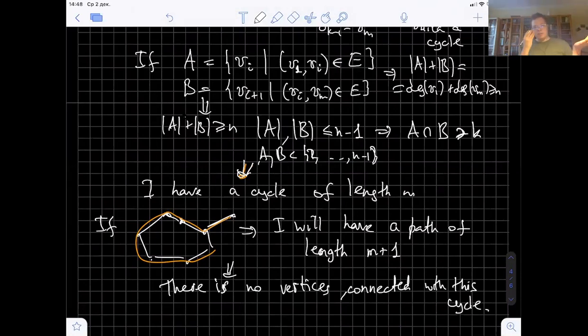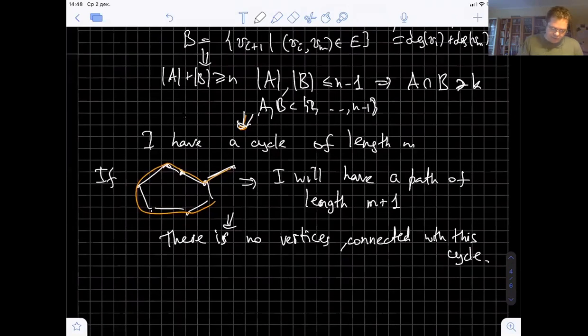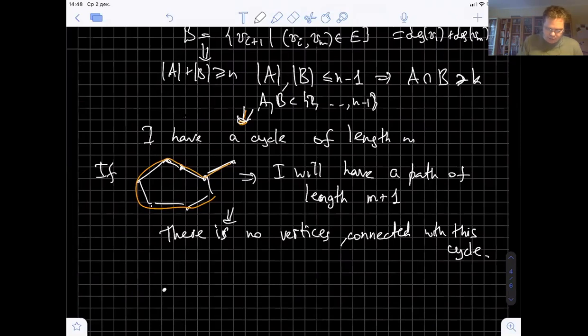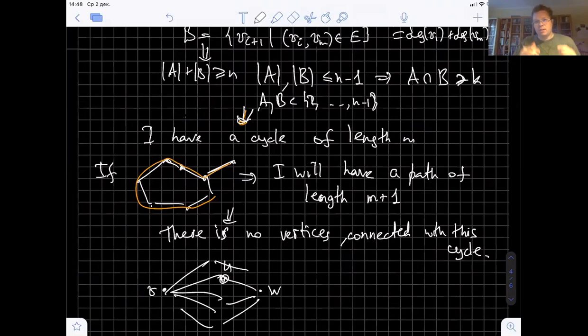But I am assured that my graph is connected, because if I have any adjacent vertices v and w, then the sum of the degrees is greater than n. And it means that they have at least one common neighbor, u, because the sum of the degrees is greater than n.